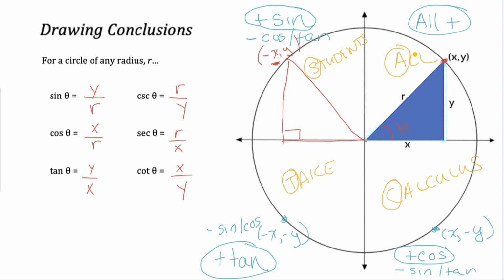Right, so all the trigonometric functions are going to be positive in the first quadrant. Sine only, starts with an S, or sine and cosecant really, but sine and cosecant are going to be positive in the second quadrant. Tangent and cotangent, with the T, will be positive in the third quadrant, and cosine and secant will be positive in the fourth quadrant.